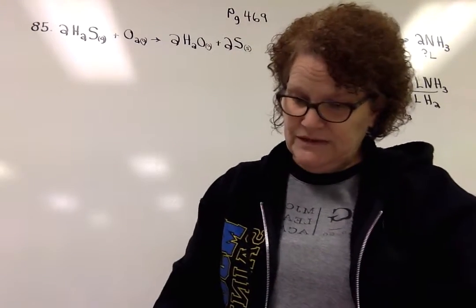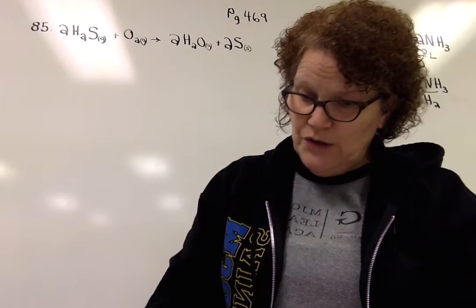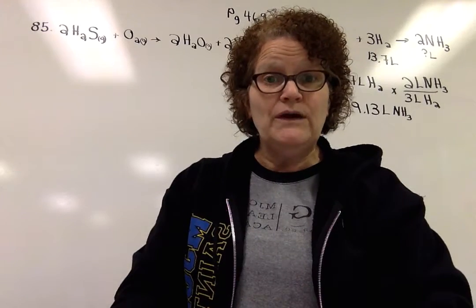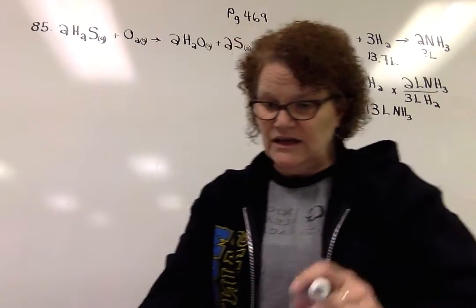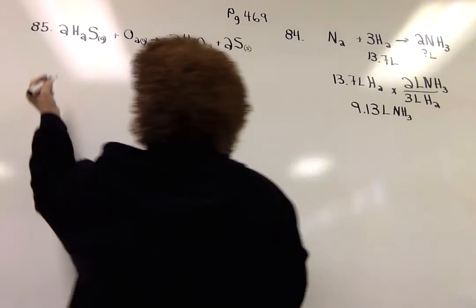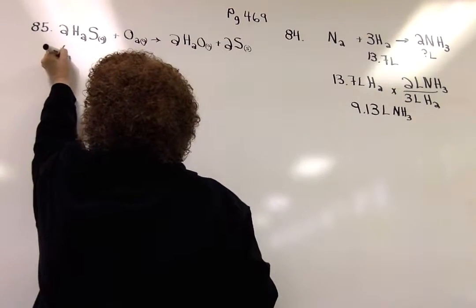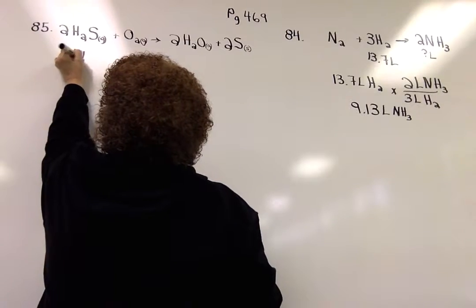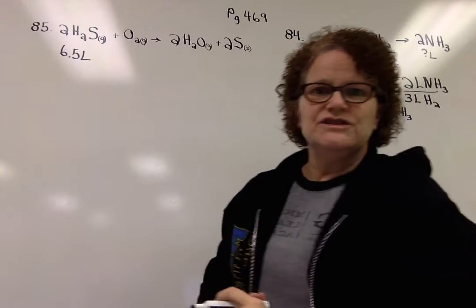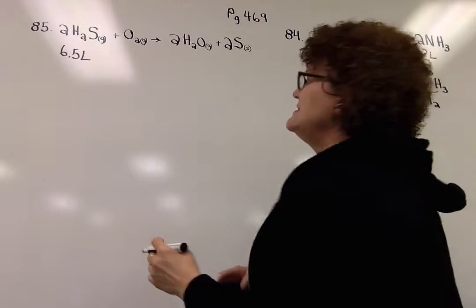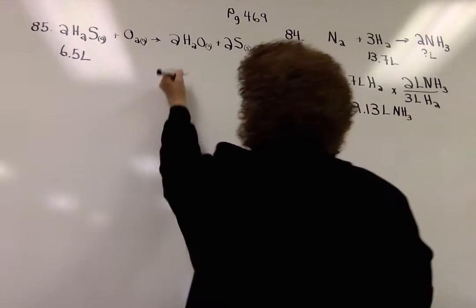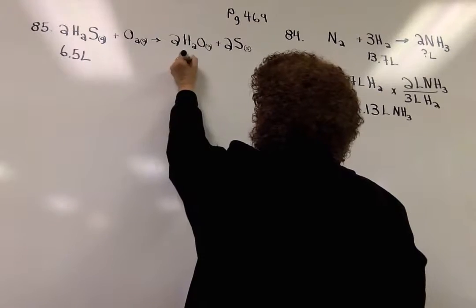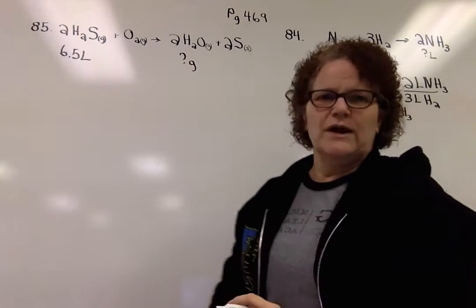So let's look at a couple of things here. We know that we have 6.5 liters of the hydrogen sulfide reacting at the beginning. So this is 6.5 liters of the hydrogen sulfide. And the question says, how many grams of water vapor? So it's question mark grams of the water vapor.